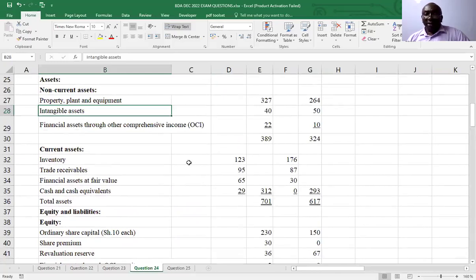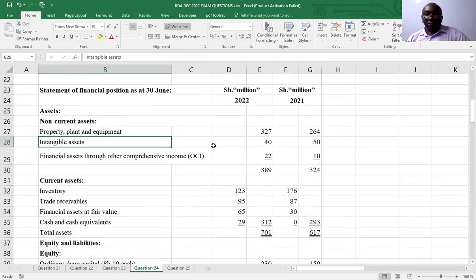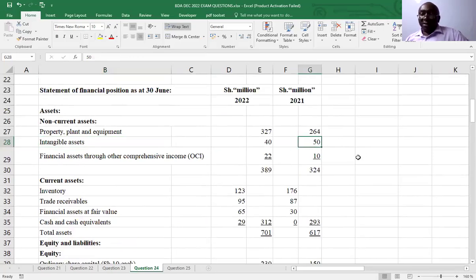You come and look at the intangible assets in the statement of financial position and find that in the year 2021, we had 50. In the year 2022, we had 40. So there are two ways of arriving at that.